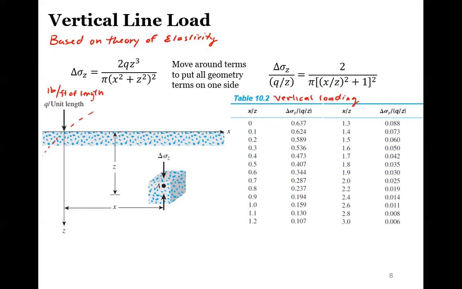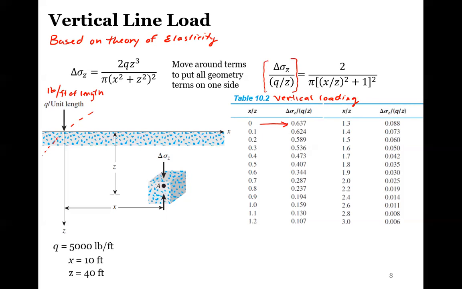So if we have an X divided by Z, the distance away from the object, this ratio, then we would solve for the corresponding value here. This whole thing is then plugged in, and we can find the delta sigma Z. Based off of our unit load Q divided by Z, whatever this value is, we would then solve for that delta sigma Z.